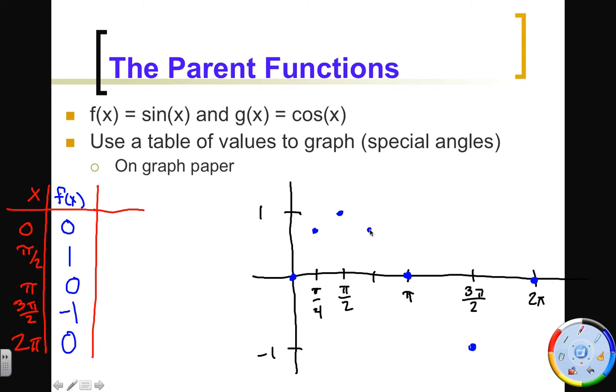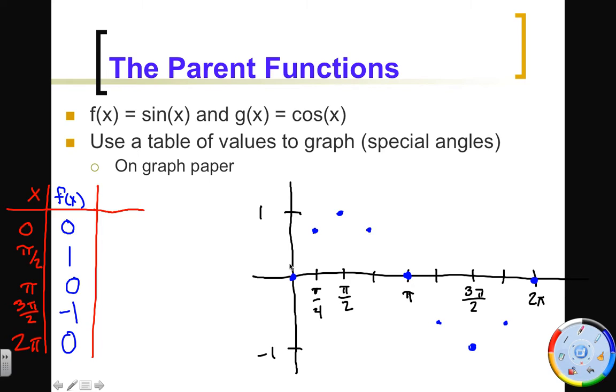You continue this pattern and look at all your pi fourths, which for sine are all root 2 over 2, about 0.75 or something like that. You start to get this picture that it's not a straight line, it's actually a curved line.